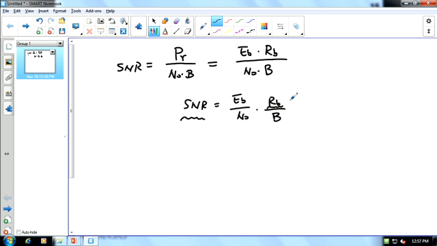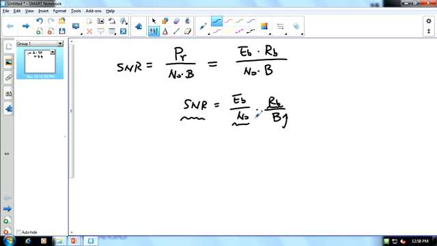In this case, our bandwidth becomes bigger because of the added redundancy; we need to increase B to support the information and the redundancy bits. N naught is always unchanged, since it depends only on our device, our amplifier, and the temperature.